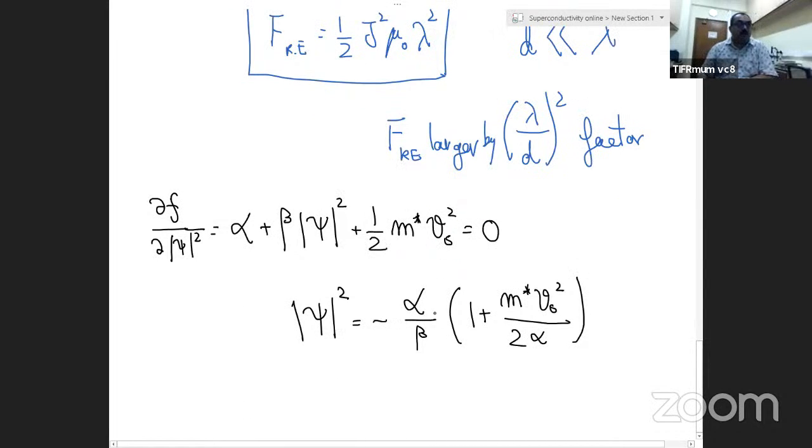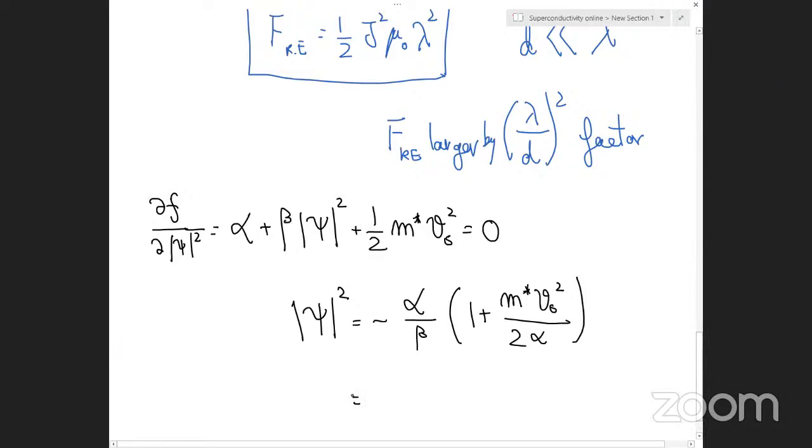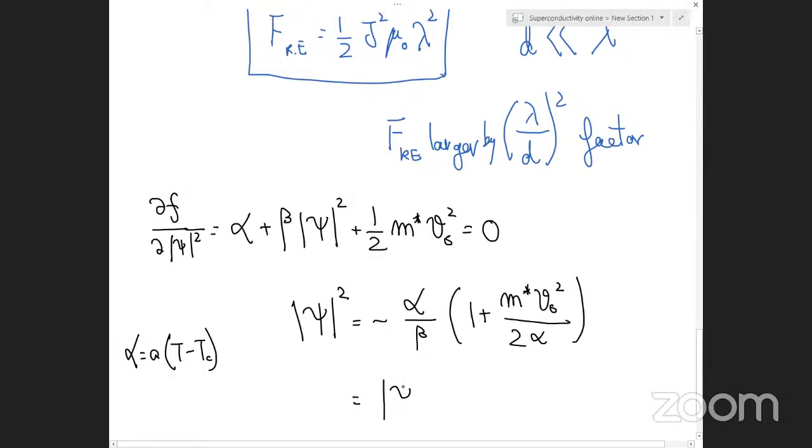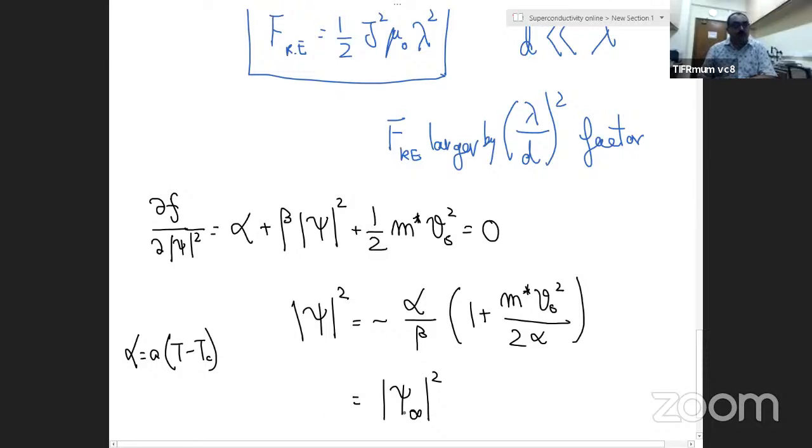Okay. Now I know that what is this quantity here? Who remembers alpha by beta? Does this ring a bell? Density, ns. Minus alpha by beta, because remember alpha is A T minus Tc. So in the superconducting state below Tc, alpha is negative. So minus alpha by beta is ns, or in other words, it is psi infinity mod square.